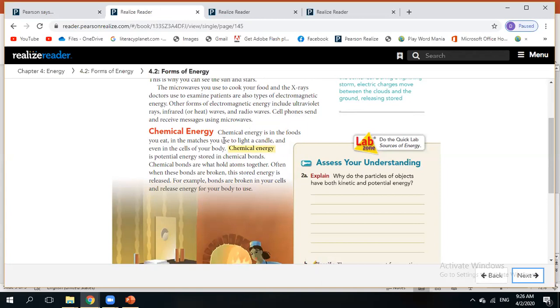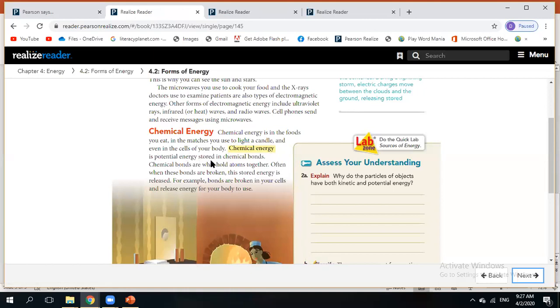But at first, this food has chemical energy. Also, the matches that you use to light the candle have stored chemical energy. Our body cells have energy stored in them. This is called chemical energy. You will learn ATP, and also in grade 9 you will take all of this in detail.